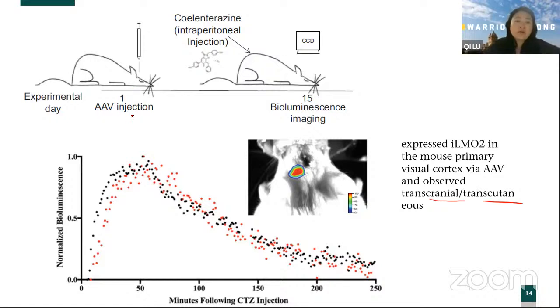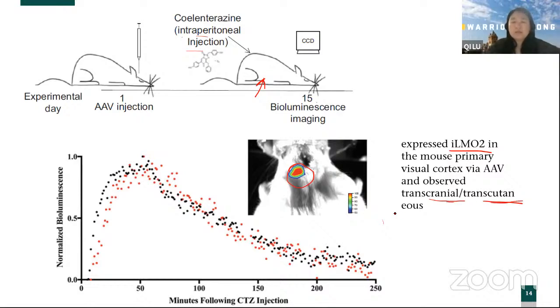Firstly, they do the IV injection to introduce these genetic molecules, and then after 15 days they do the experiment. With the IP injection, they inject this CTZ into the animal's abdomen, then capture with the CCD. And here I find that this fluorescent light is so strong that it can be captured through the transcranial, transcutaneous.